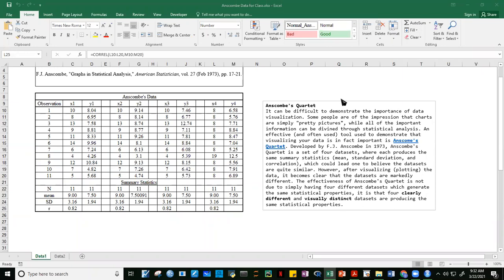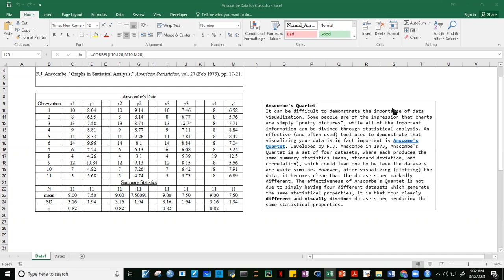Okay, so what is Anscombe trying to state here? He says that it can be difficult to demonstrate the importance of data visualization. Some people are of the impression that charts are simply pretty pictures, while all of the important information can be divined through statistical analysis.